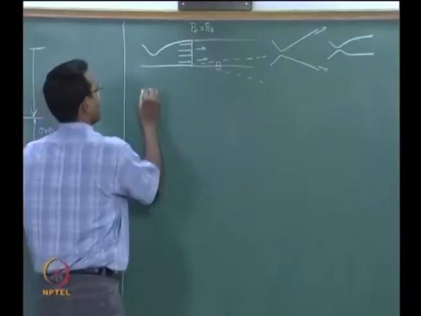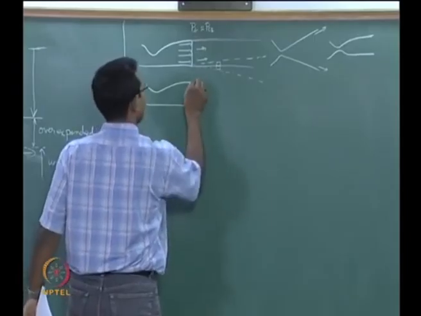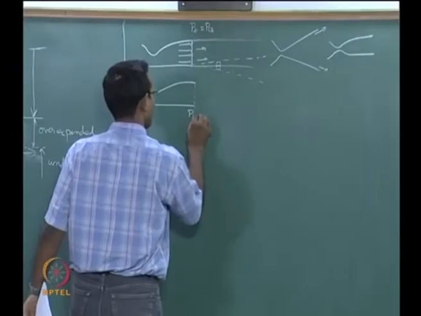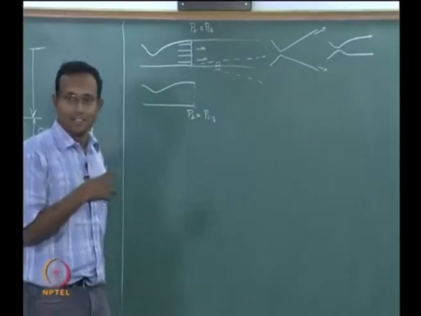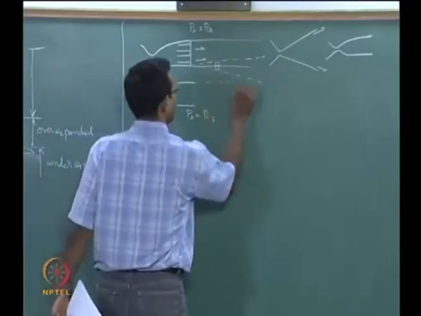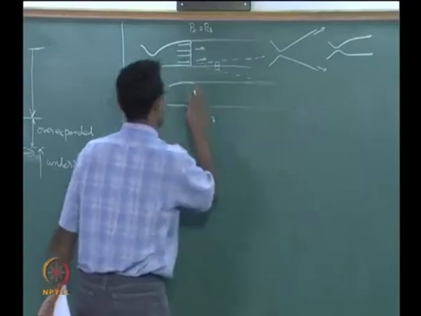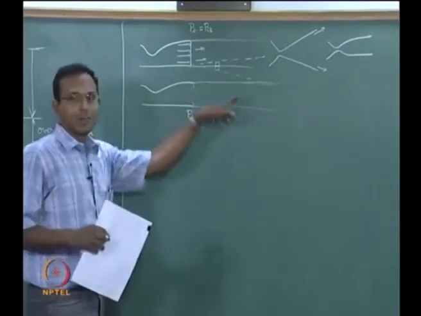The other special case is, I have this nozzle and I am having PB equal to P critical 3. If this is the case, again there will just be a straight jet going all the way straight, no troubles, with the same area as the exit area everywhere, and we said inviscid flow is just going to go straight.